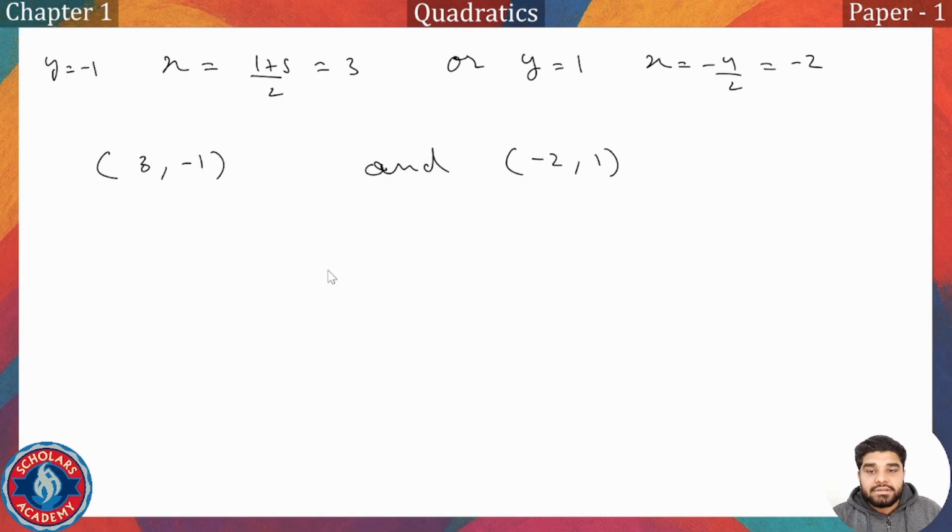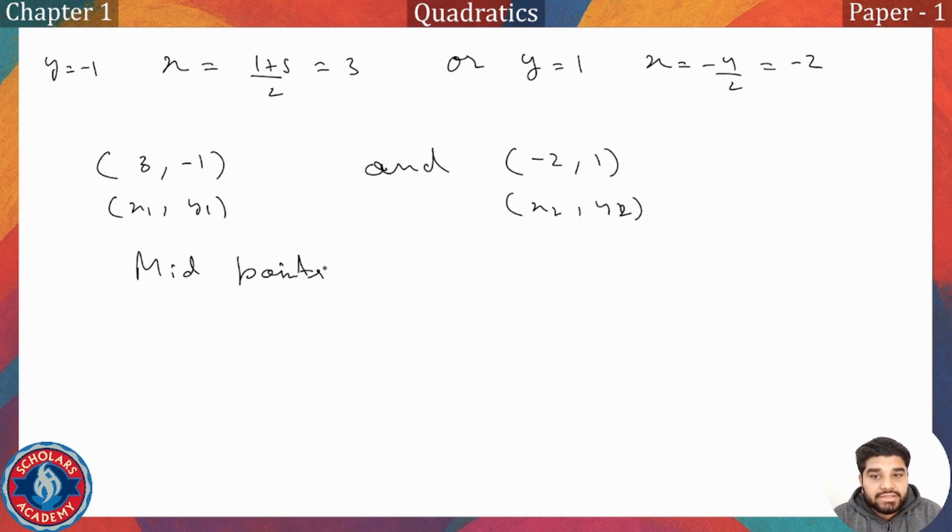Now what question part number B is saying, we need to find the midpoint of these two. So the midpoint formula is, we can mark it as x1 comma y1 and x2 comma y2. So we can say x1 comma y1 is 3 comma negative 1, x2 comma y2 is negative 2 comma 1.